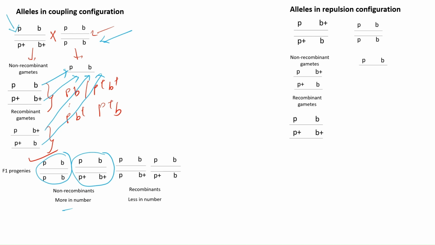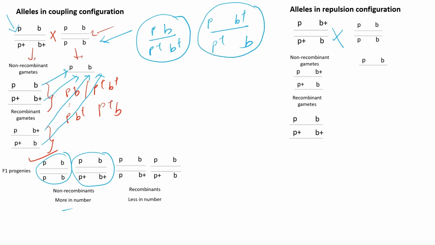Now let's see the cross in case of repulsion configuration. In repulsion, as you can see, the arrangement of alleles is different. In coupling it is PB, P plus B plus. In repulsion it is P B plus, P plus B. So in coupling, that is the parental arrangement, and in repulsion, this arrangement is the parental arrangement.